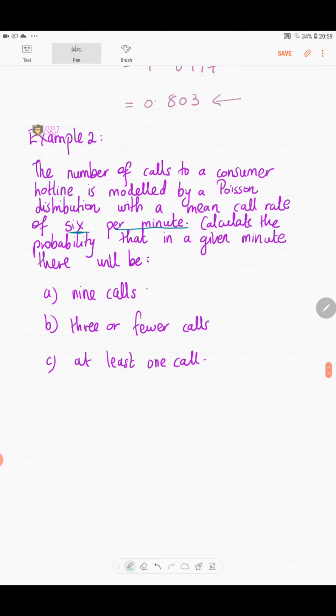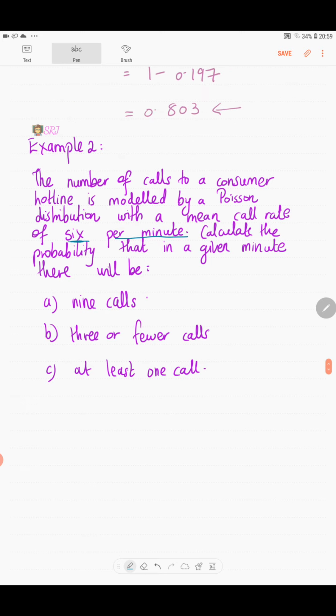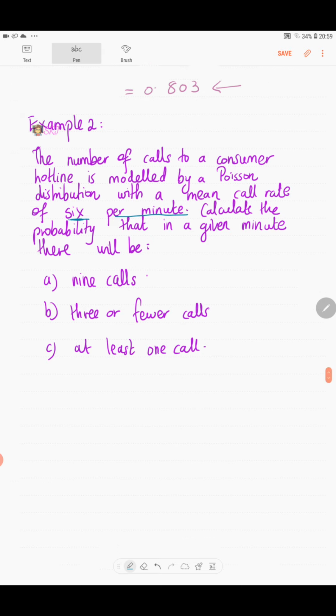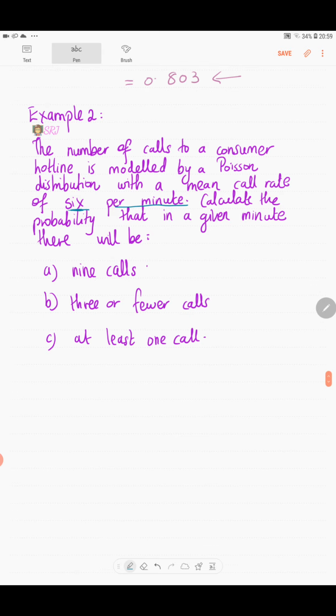So here it is clearly said that it is a Poisson distribution, because here we are looking at the number of calls per minute. So we have a time interval, and we are modeling the number of occurrences of an event. The event is the number of calls to a consumer hotline.